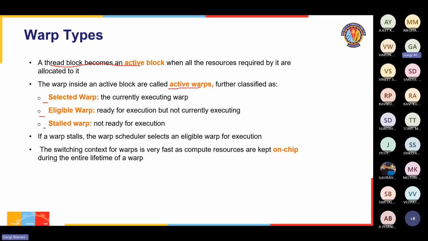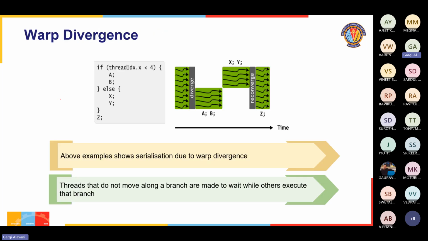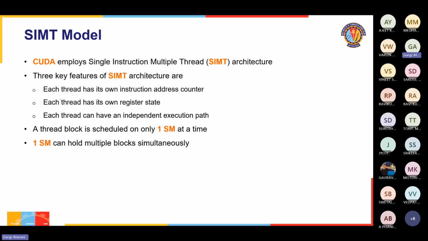So at one point, some warps will be active, which are selected warps. Some will have to wait, which will be eligible warps, and some may have to wait longer because they are not ready for execution, because they are waiting for some resource or so. Okay. So that's how these warps wait.